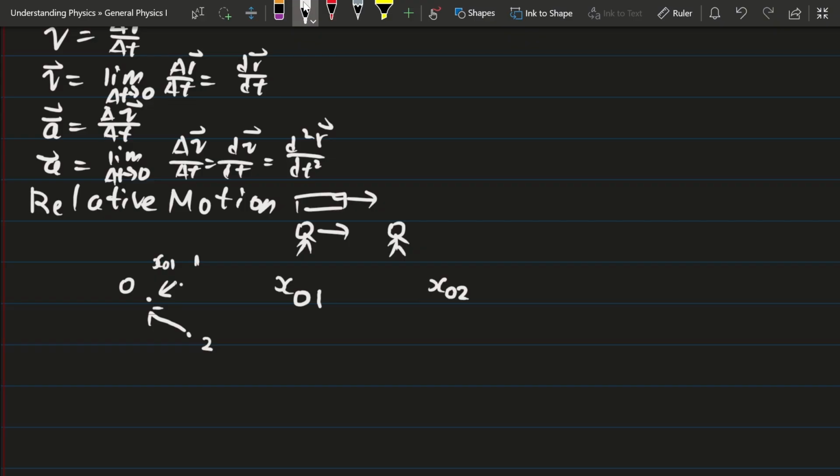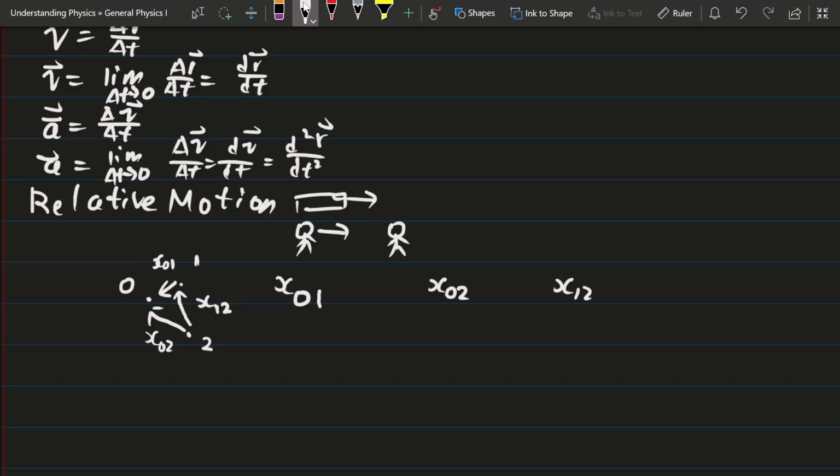We will define this to be x02. And so how would you define x02 by using x01? Well, you would also need one other vector, which will be from here to here, which is basically the position of the first reference frame from the second reference frame, and we will state that to be x12.